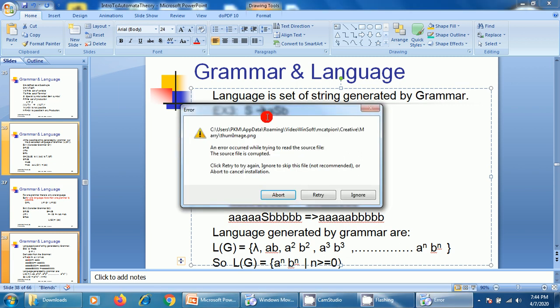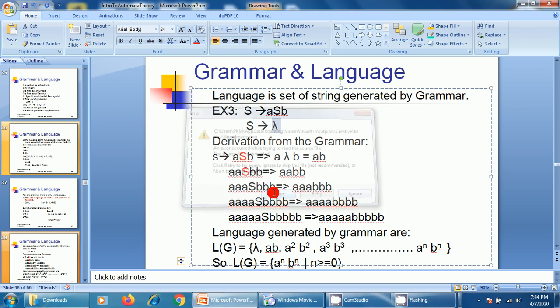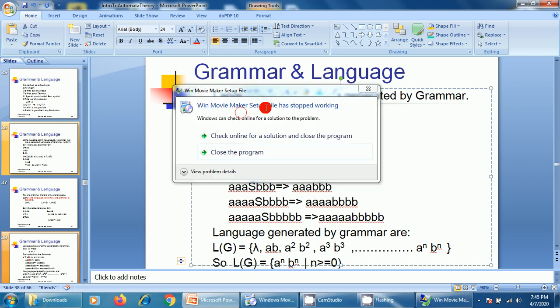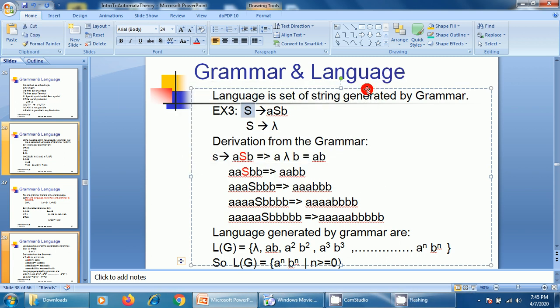If we put ASB in place of capital S, then it is 2 time A, S, 2 time B. If we put lambda in place of capital S, then it is AABB. Means one string AB is generated by this grammar, and another string AABB is generated by this grammar.